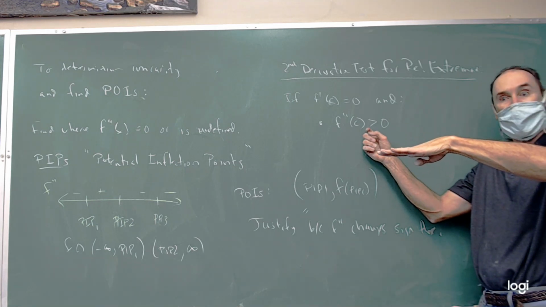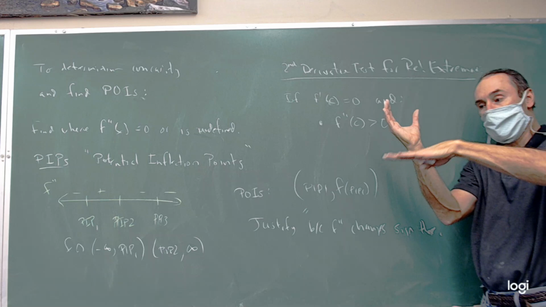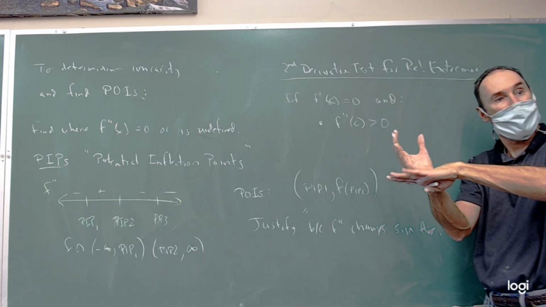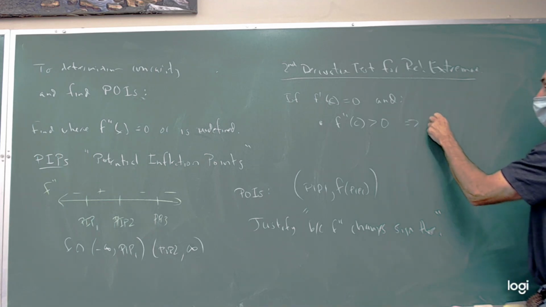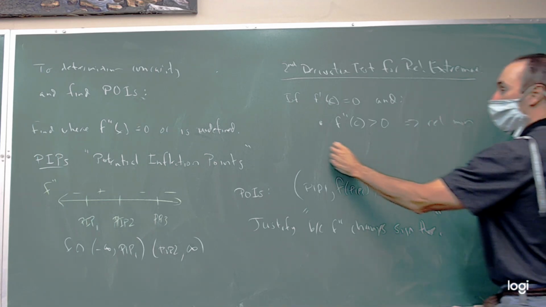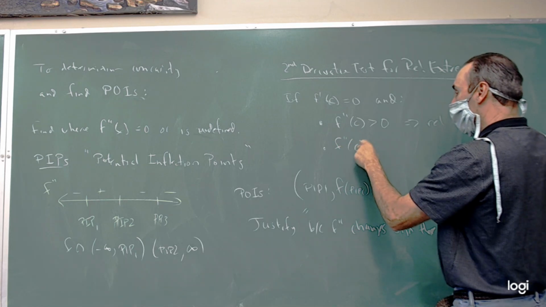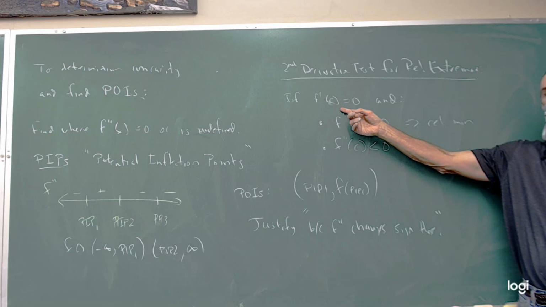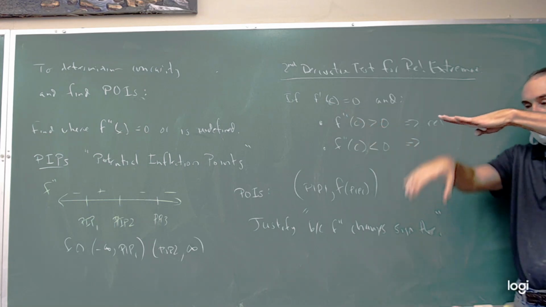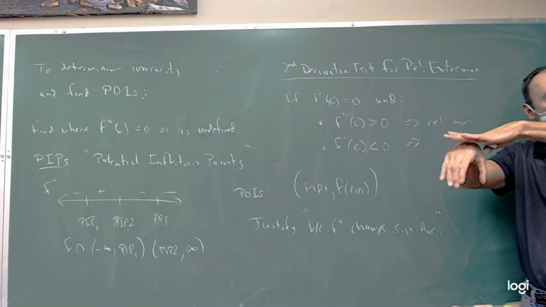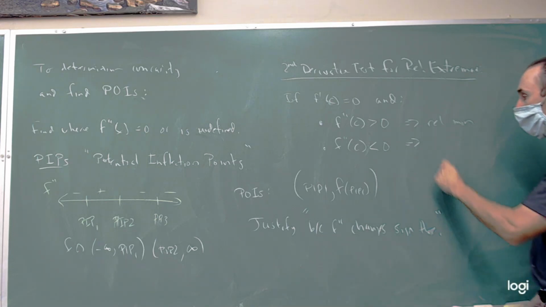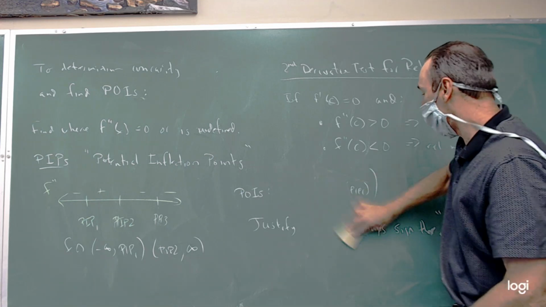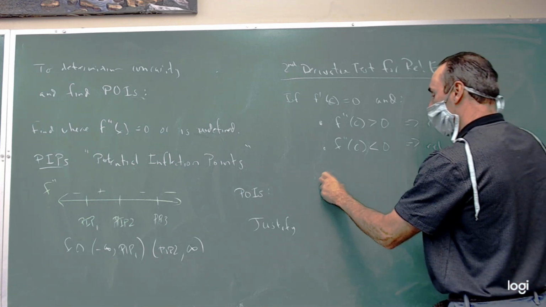F double prime positive means it's concave up. So a point where you have a 0 derivative and it's concave up, that's going to be a relative minimum. If f double prime of c is negative, at the same place where the first derivative was 0, that means you got a horizontal tangent and it's concave down. That combination is going to make it a relative max.